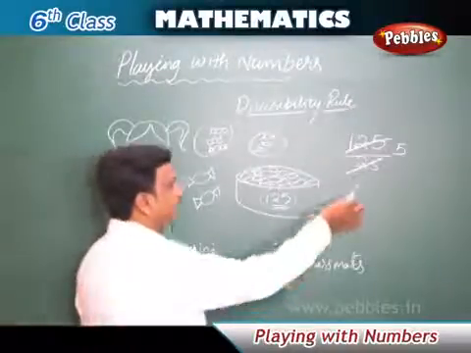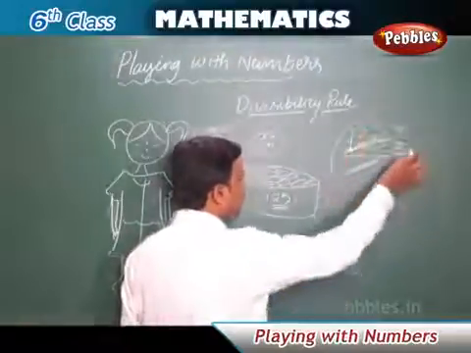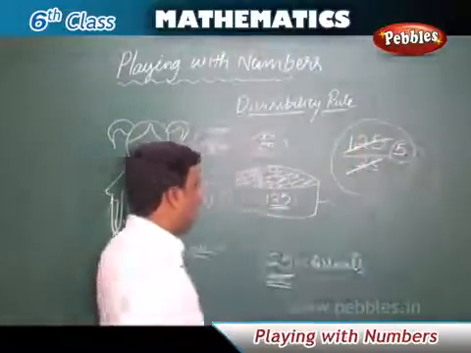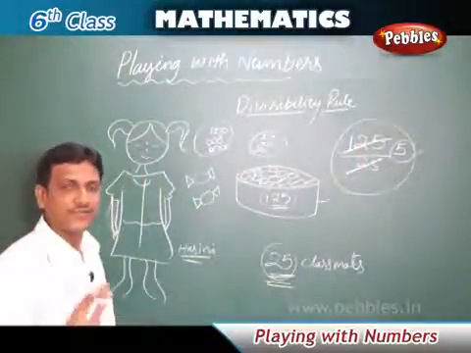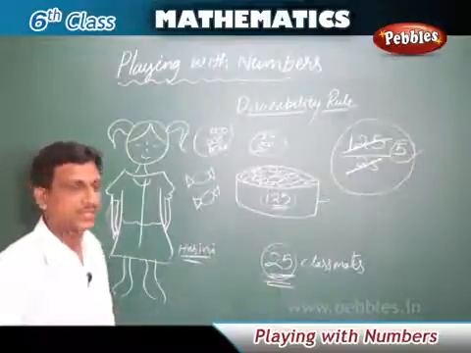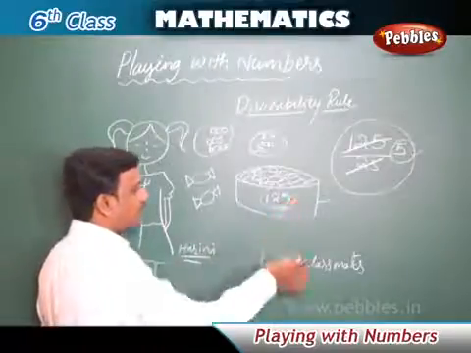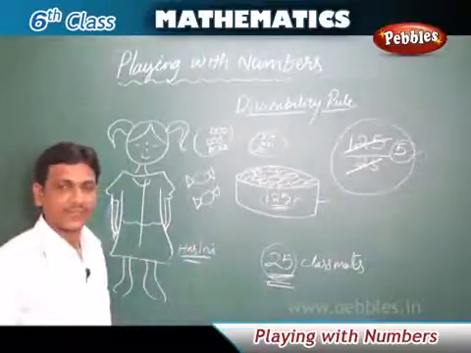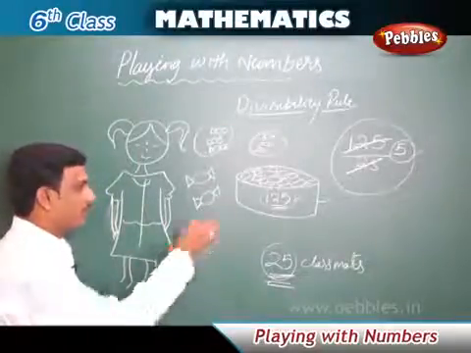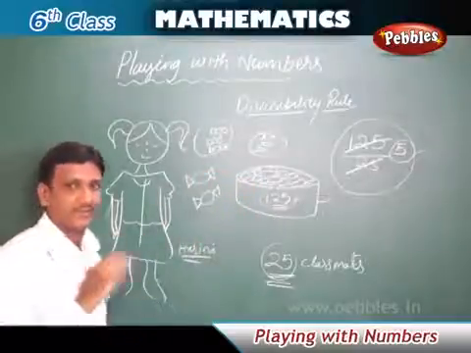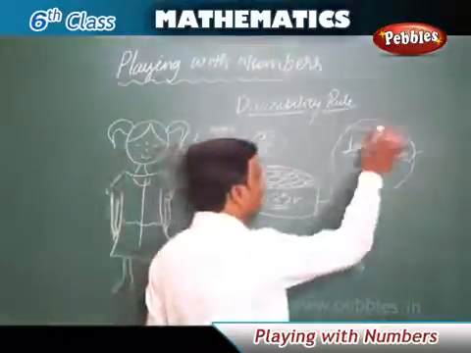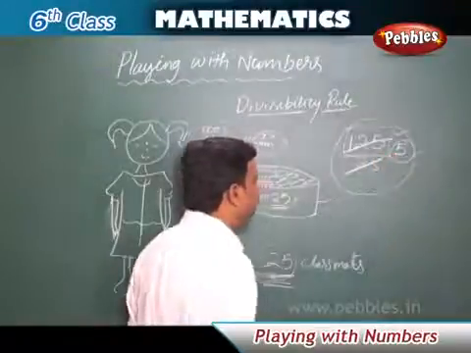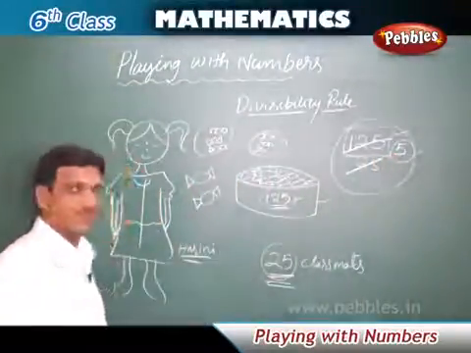If she distributes 5 chocolates to one student, all the 125 will be distributed without any remaining. So we know that by division, and here 125 is a small number, so we can find out just by doing division.